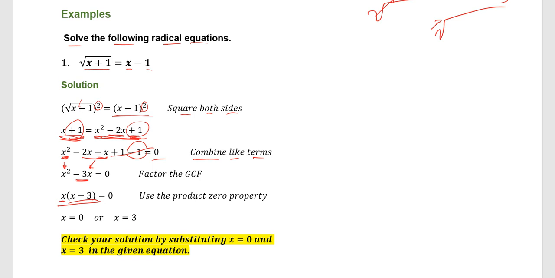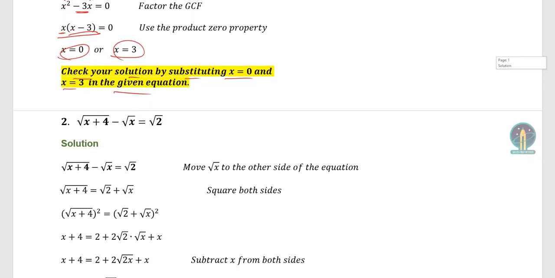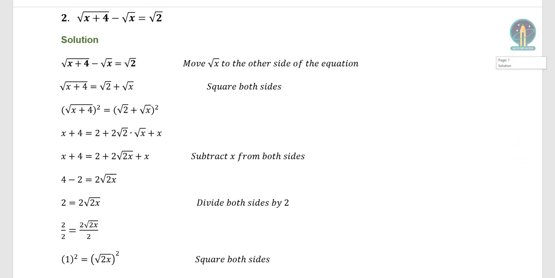So our result is x equals 0 or x equals 3, right? Because 3 minus 3 is 0. Okay? And be sure to always check your solution by substituting the solutions back into the given equation. All right? Next example.